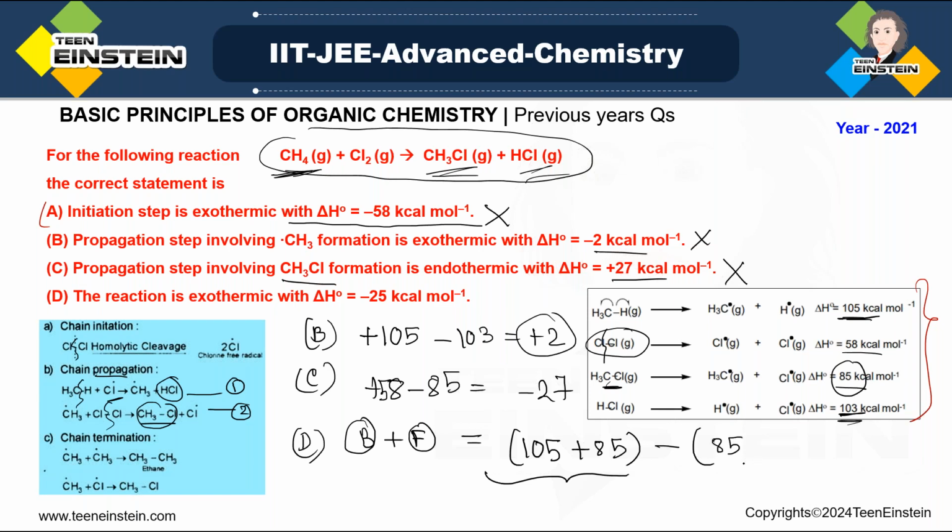So under released I am writing 85, and also 103, this amount of energy released, but I am taking common, so ultimately it will be like this. Now if you do the calculation, you will get minus 25. That means overall the reaction is exothermic. That means the last option is the correct option.